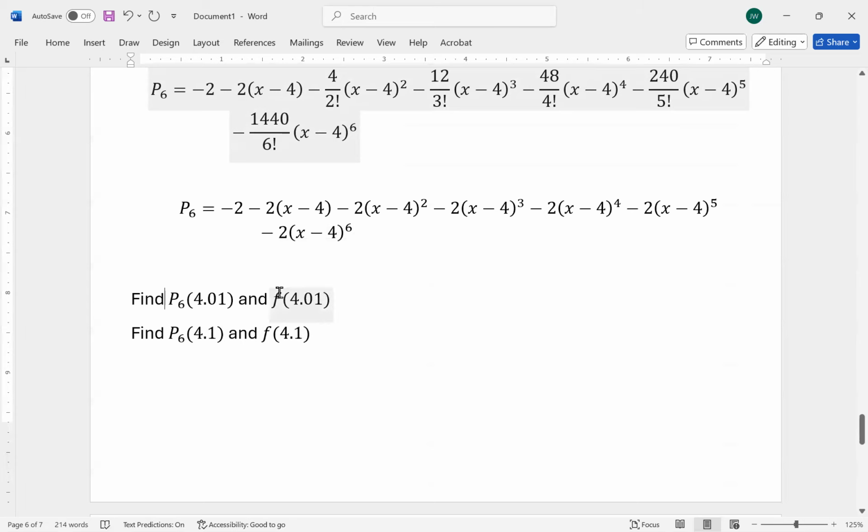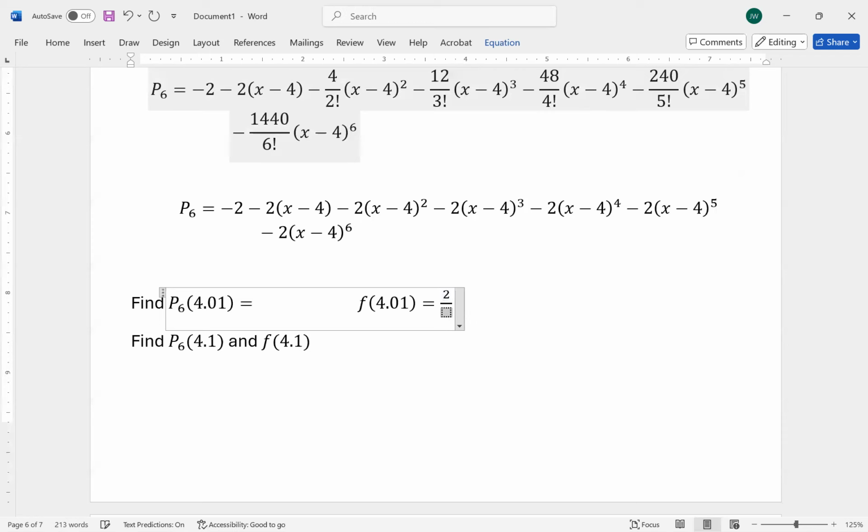Now let's plug in 4.01 into here. Let's do the same for my function. My function, remember, was 2 divided by x minus 5.